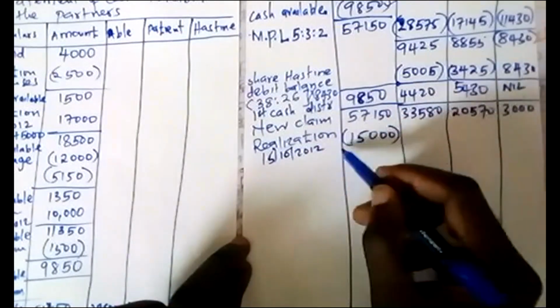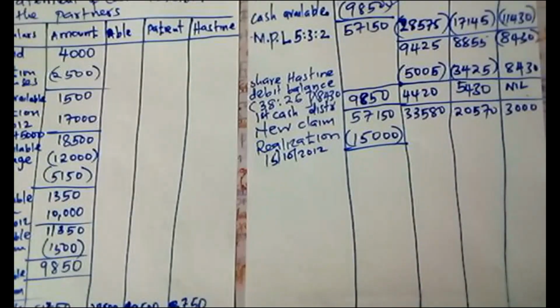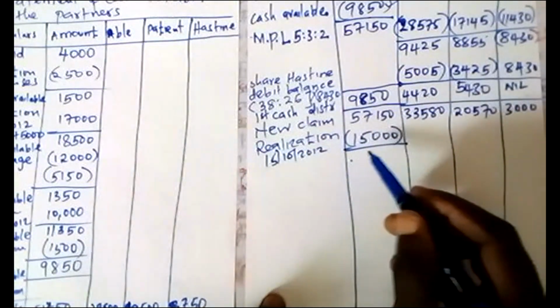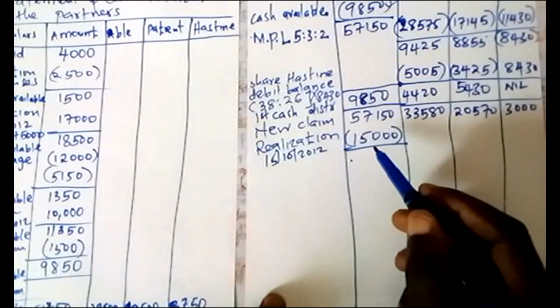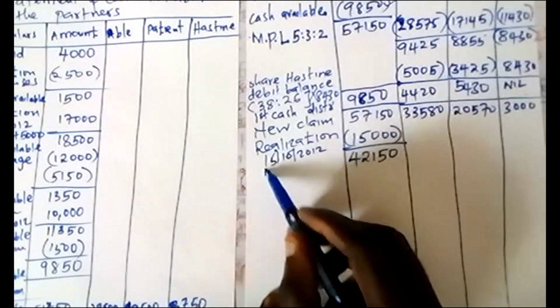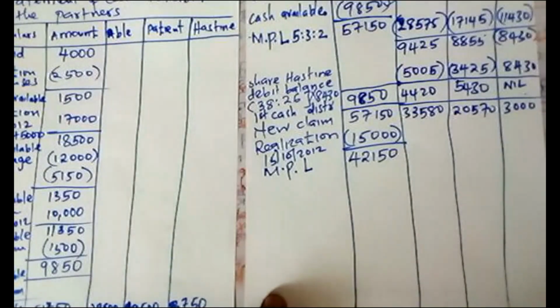So you reduce from what they were claiming. If you take 57,150 minus 15,000, you are getting 42,150. Then you say, what if the liquidator had no other asset to sell?